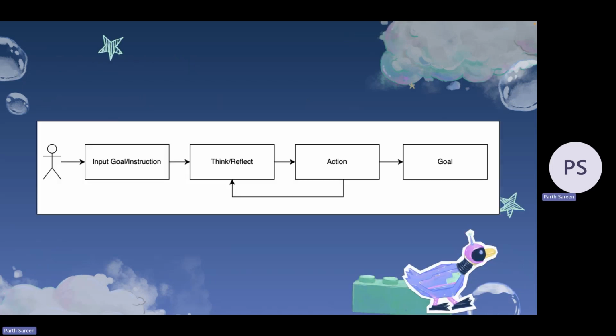So if we were to break it down, in a relatively simple diagram, you have an input goal or instruction that you get from a user or a predefined one. It could be either. The agent thinks, reflects, and then it acts and conducts an action. And it's basically looping that entire process until it reaches its goal.